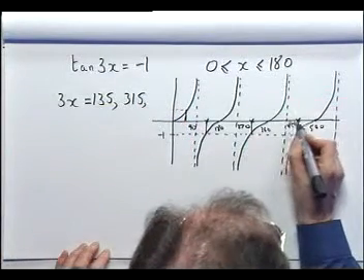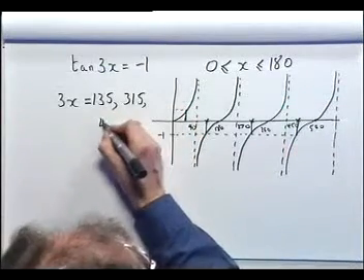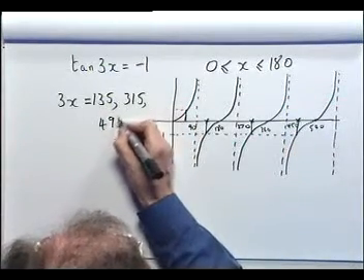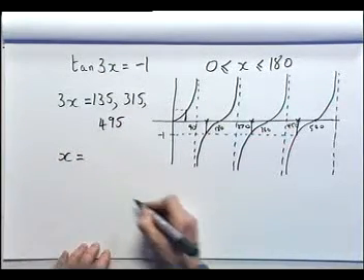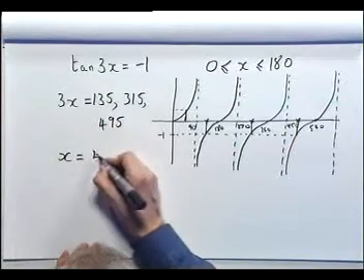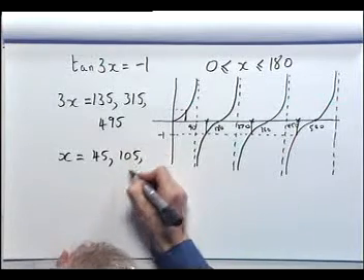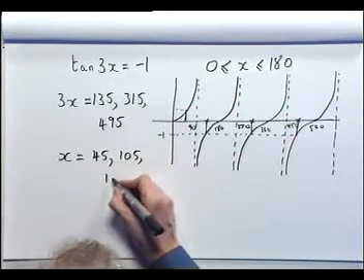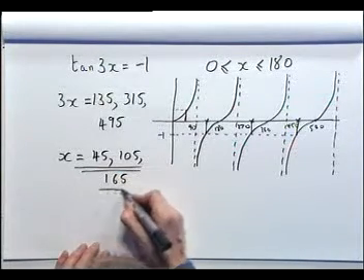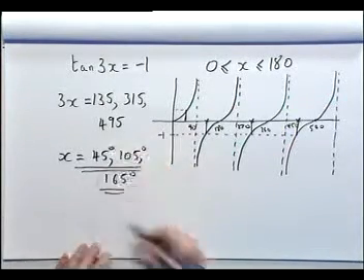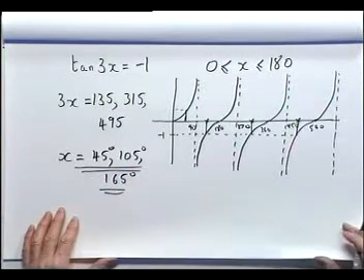This one here has got to be 45 further on, so that will be 495. But it's x that we want, not 3x, so let's divide throughout by 3. So 3's into that is 45, 3's into that is 105, and 3's into that is 165. And those are our three answers for that one. 45 degrees, 105 degrees, and 165.